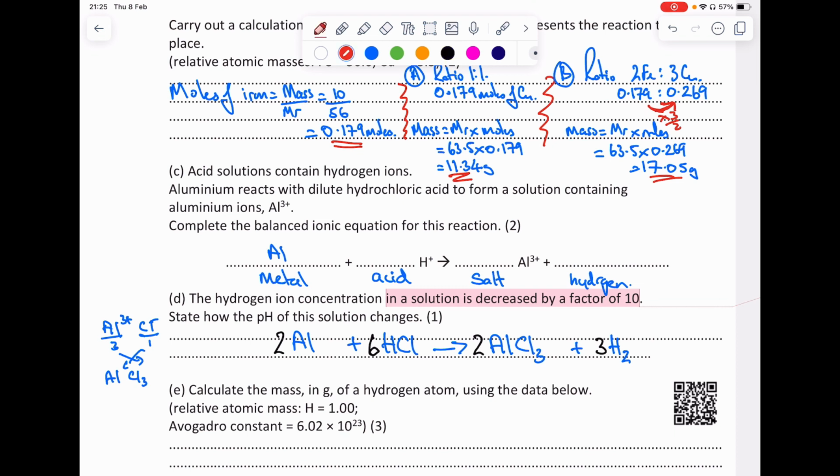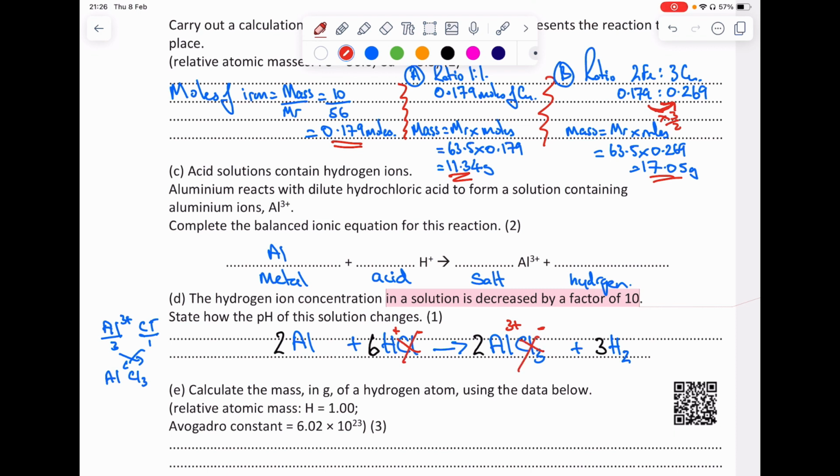So what I'm going to do is I'm going to put some charges into this. So hydrochloric acid is H plus and Cl minus. Aluminium chloride is Al3 plus and Cl minus. And hydrogen in the molecule doesn't have a charge. Okay, so if I look at what's going on, my chloride ion is not changing.